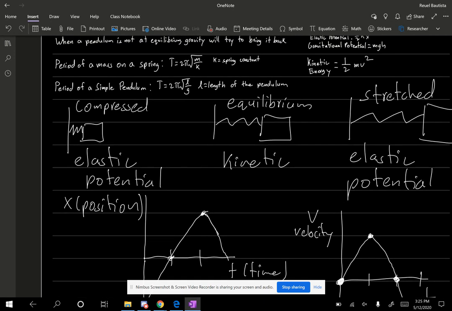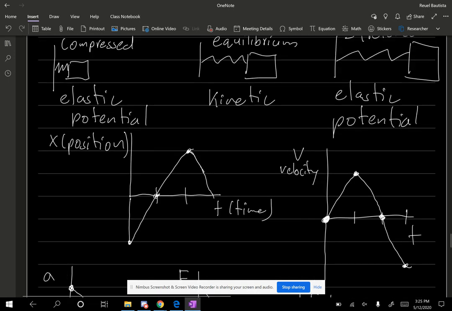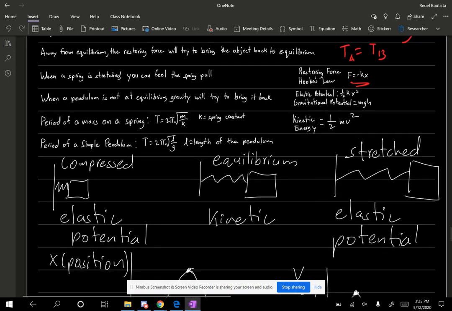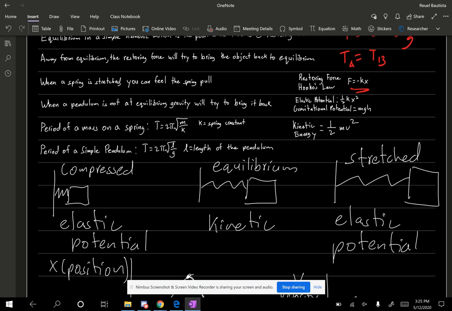Another important thing is the concept of how energy works in simple harmonic motion. So even with a spring or a pendulum, when it's at amplitude, meaning furthest away from equilibrium, we know it has potential energy.